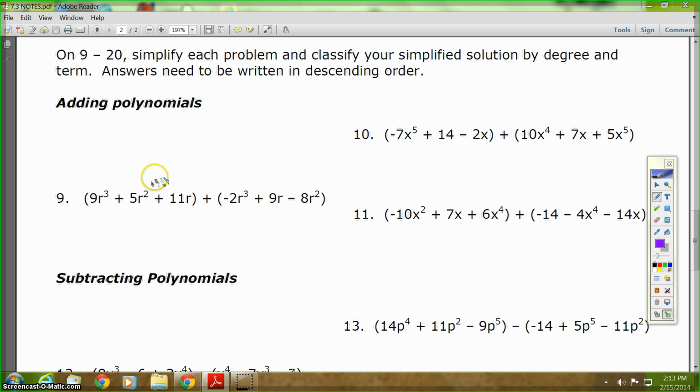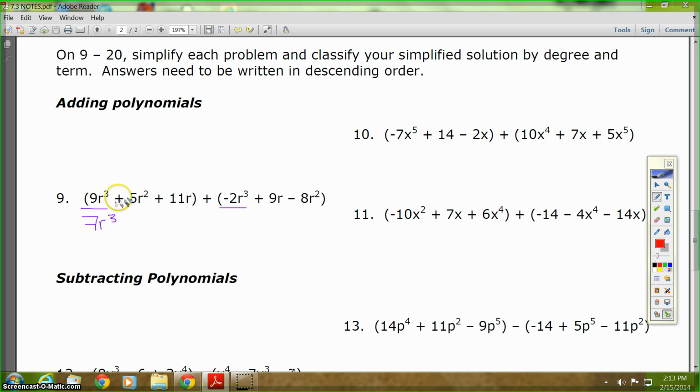Okay, so adding polynomials is going to be pretty easy because it's going to be very similar to when we combined like terms. So I'm going to look, and I have 9r to the third power. So I'm going to look at all my terms with the third power. So I have a 9r to the third, and I have a negative 2r to the third. And I'm going to be combining those, and that gives me 7r to the third.